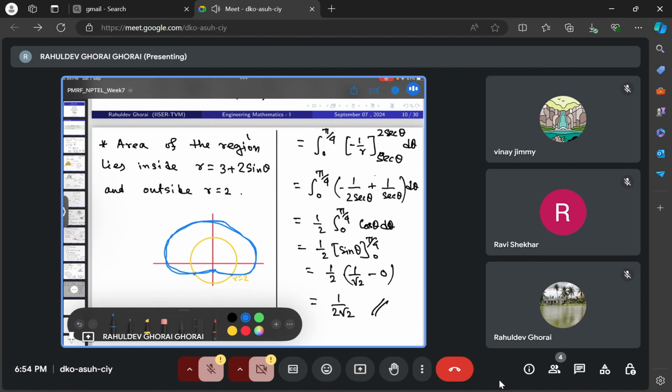So they will cut at a point, and the area we need will be this whole portion.